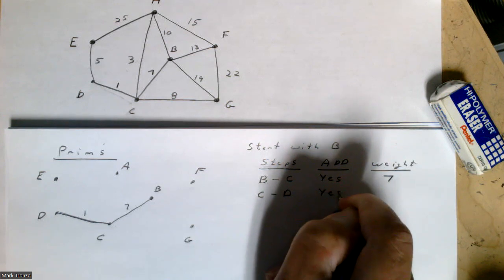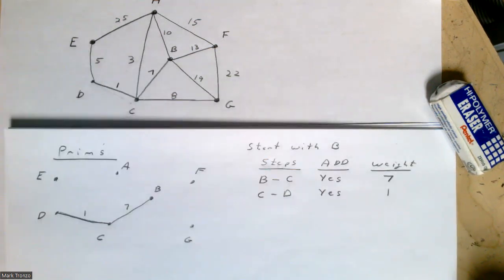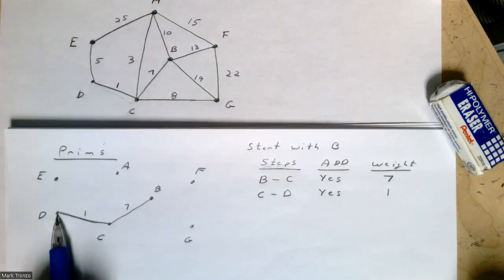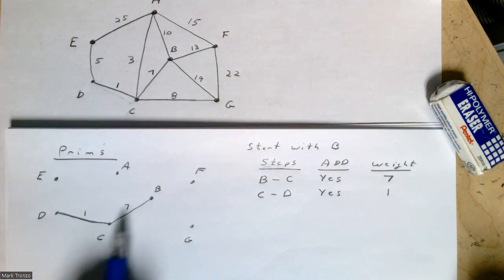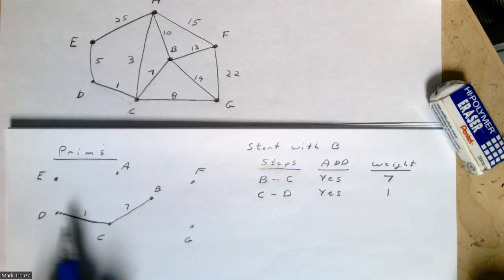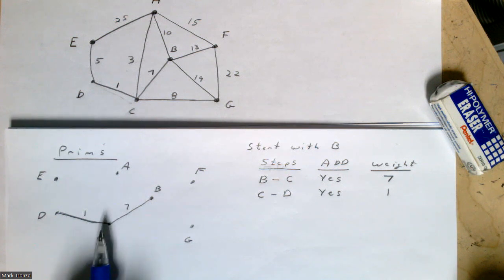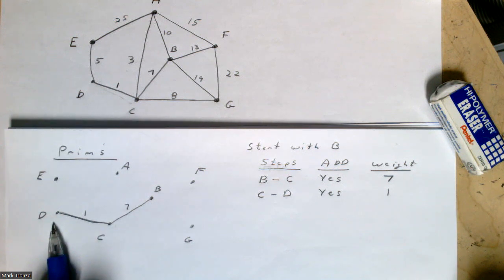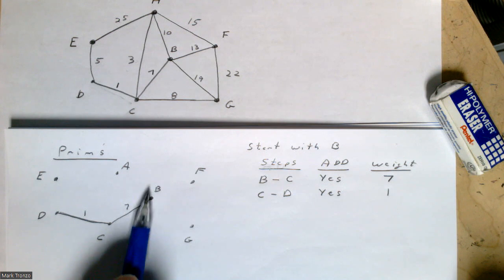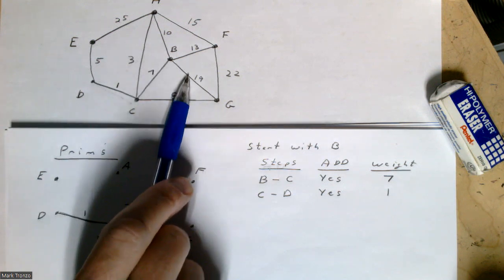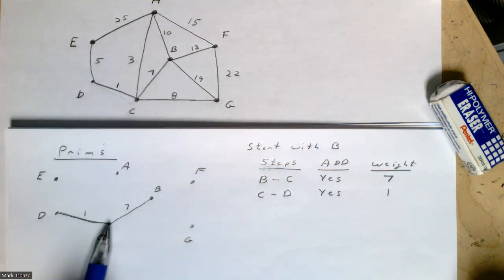And yes, we added it. That had a weight of 1. Now, again, we're going to consider just the vertices we have, which are B, C, and D. So what's the smallest weight edge that's connected to B, C, or D? B, as you look up here, has a 10.